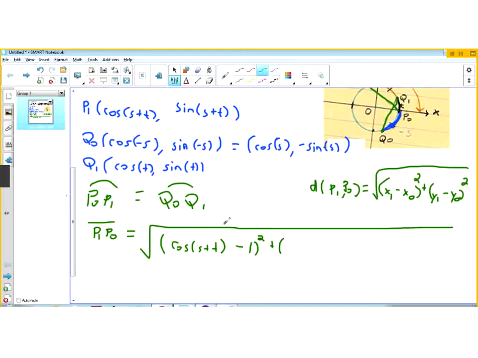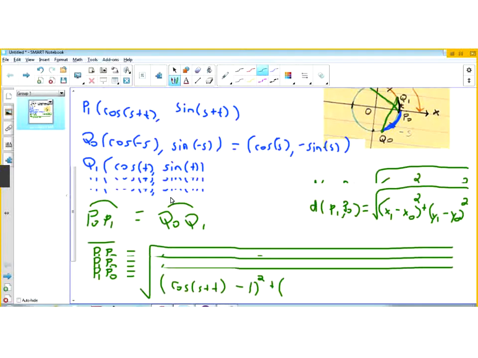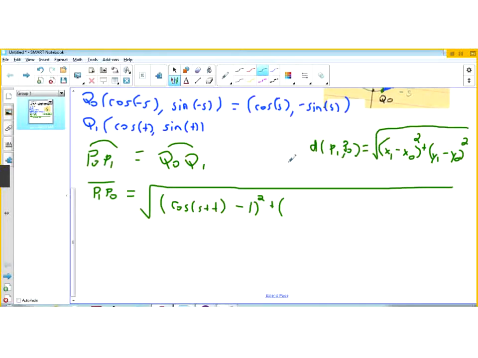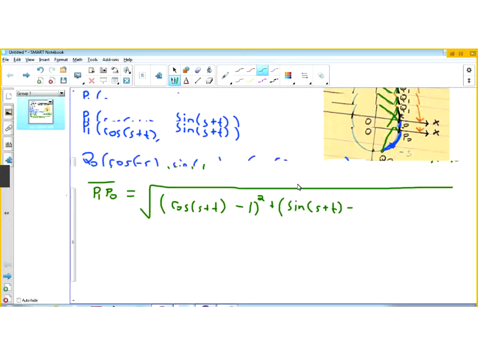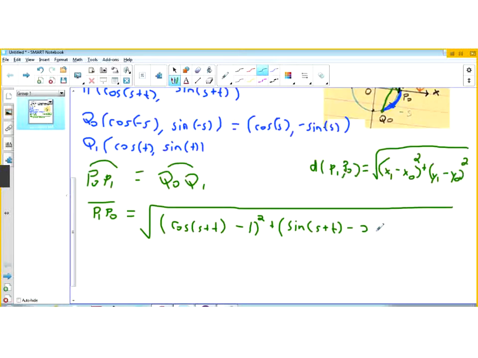And the ordinate of P1 is sine of s plus t, and the ordinate of P naught is 0.